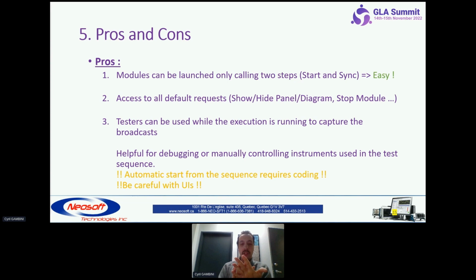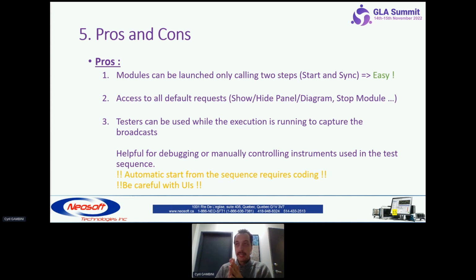Two steps. I've got a start and a sync. I can use a basic Boolean local just to get that sync value to be shared between my two steps. So very easy. We can access all the default requests that come with the module. Show hide panel diagram. I can stop my module from there, etc. So that's pretty cool.